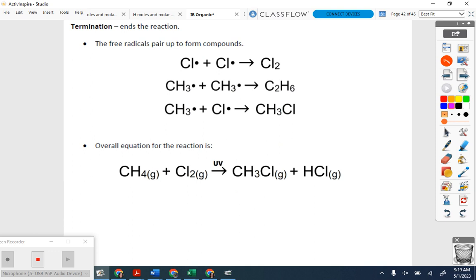Or a free radical methyl group tagging up with a free radical chlorine atom, as opposed to attacking a Cl2. If it meets up with a free radical chlorine, then we're going to make methyl chloride, right? Or chloromethane, I should say.